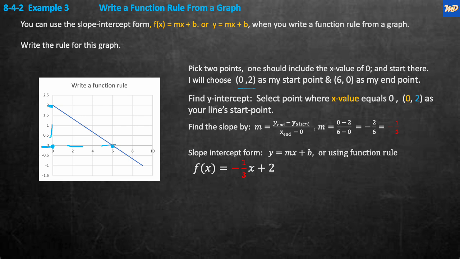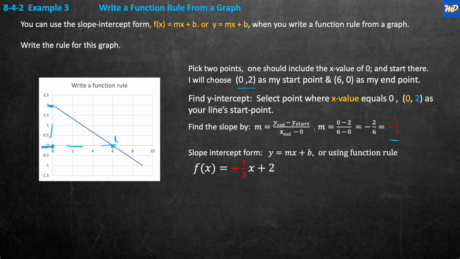It ends over here at 6, minus where it started, way down here at 0. And when you do that, you're going to get minus 2 divided by 6, which is minus 2 over 6, which can be reduced down to minus 1/3. So writing in slope-intercept form, remember, when x is equal to 0, y is the y-intercept.